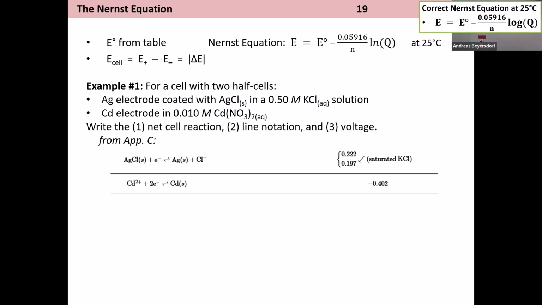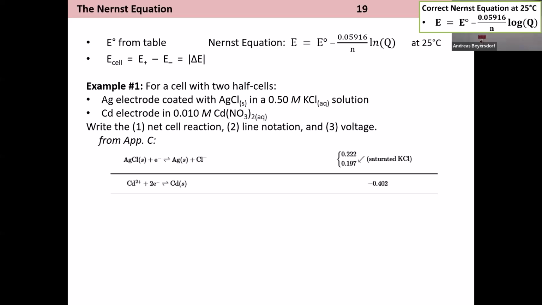This E positive is equal to 0.222 volts minus 0.02958 times the ln of 0.25, which is negative 1.386.